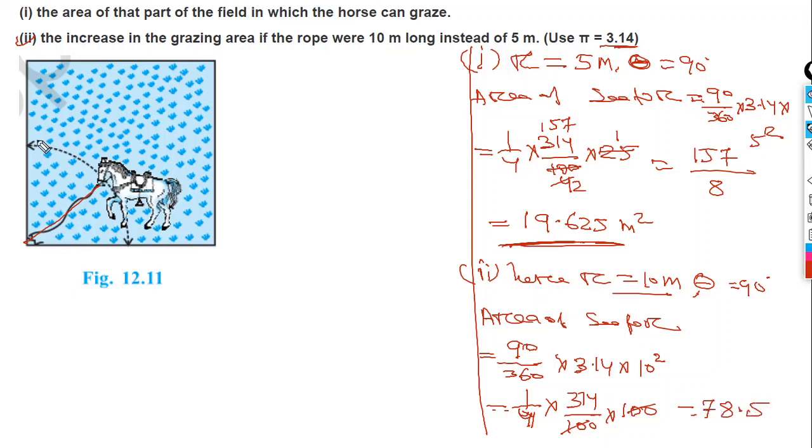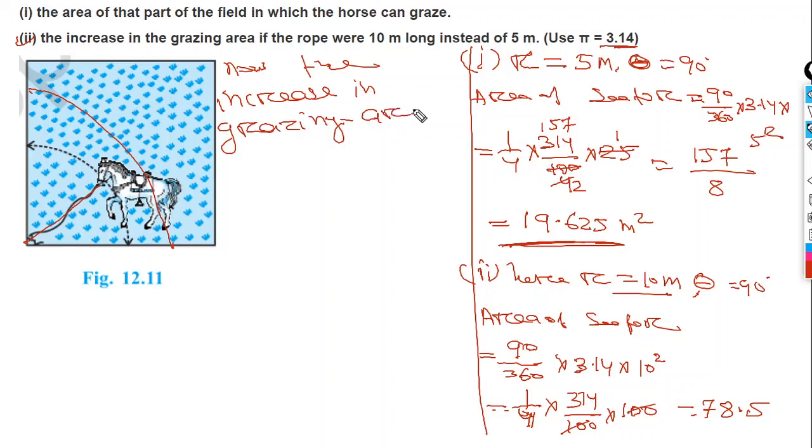Now what we will do? We have found the area with radius 10 meter and the area with radius 5 meter. So the increase in grazing area we will find. Now the increase in grazing area equals the area with 10 meter radius minus the area with 5 meter radius.